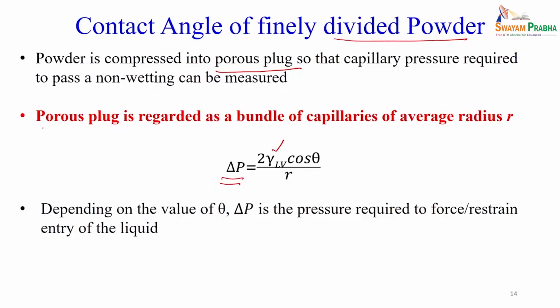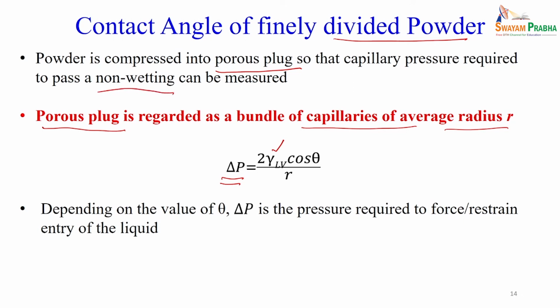And this is interesting, the porous plug is considered as a bundle of capillaries with an average radius R. So, we are considering n number of capillaries in which we are passing the non-wetting liquid.